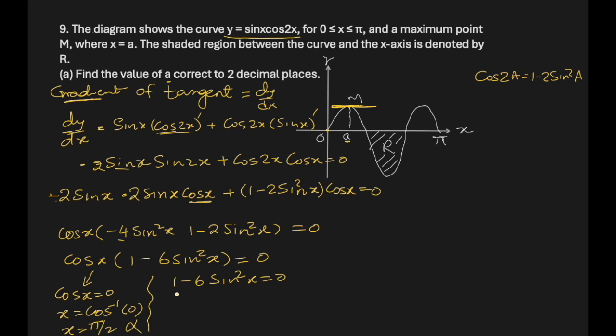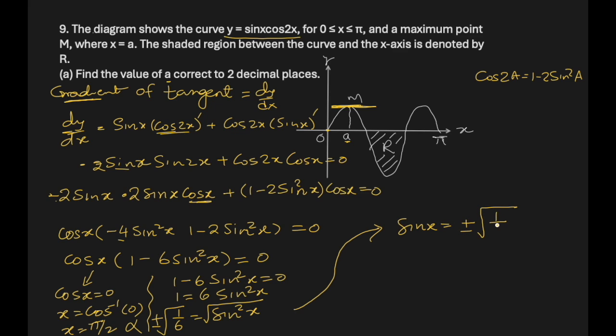Let's see here. 1 equal to 6 sine square x, that means 1 over 6 equal to sine square x. Square root both sides, we get plus and minus square root 1 over 6. So sine x equal to plus or minus square root 1 over 6.